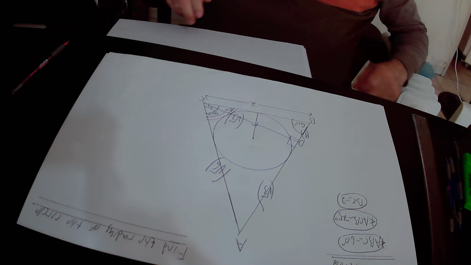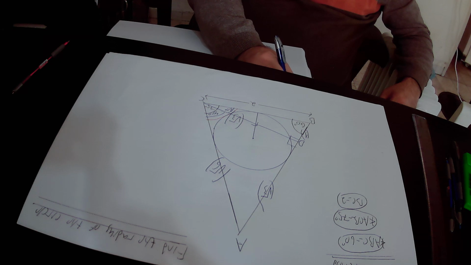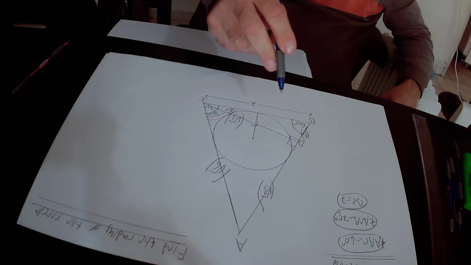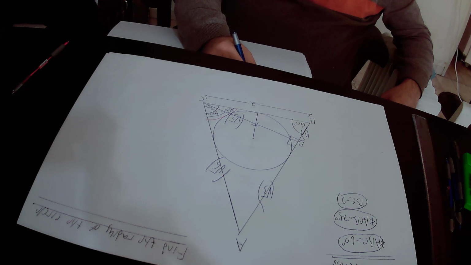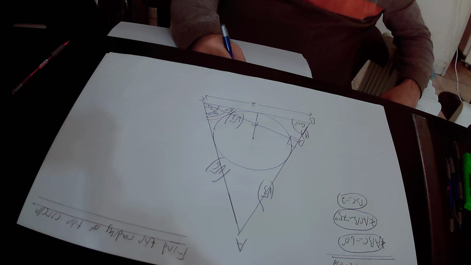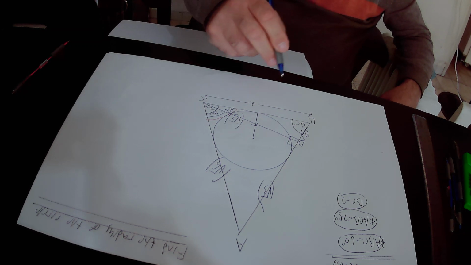So, according to rule number 15, the radius R of this circle that is inscribed by triangle ABC will be equal to the area of triangle ABC over the semi-perimeter of the same triangle, triangle ABC.